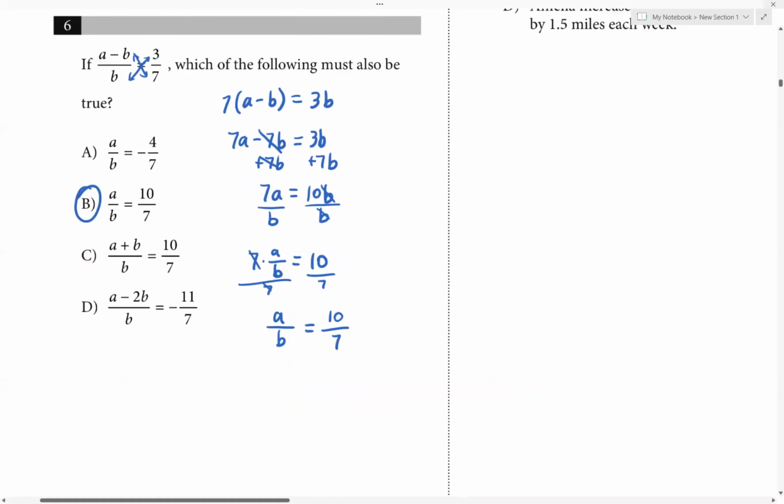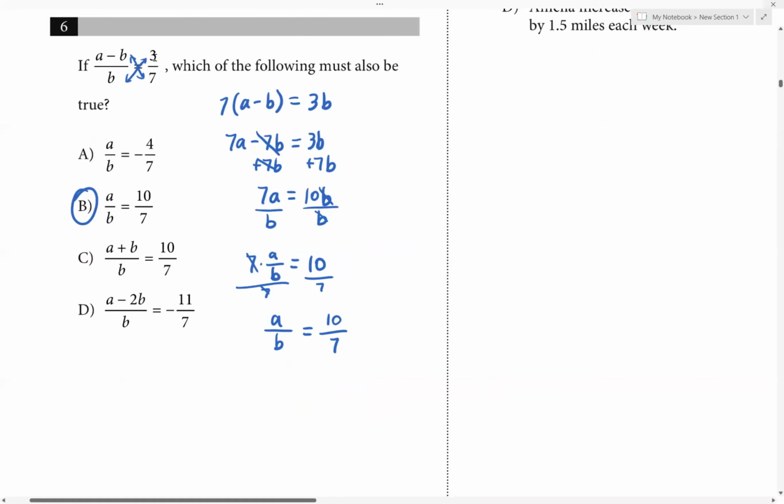Okay, so for this question, you could also do it another way. If you think in terms of the numbers, right, we have (a minus b) over b equals 3 over 7. What we could say is, if b is 7, because we have 3 over 7, so 7 on the bottom. So let's just say b equals 7, then on the top we have to get it to 3.